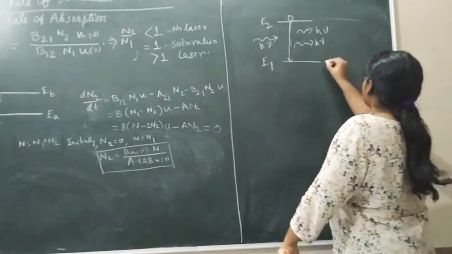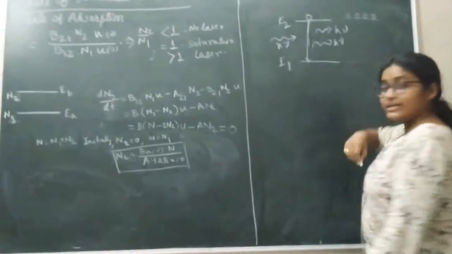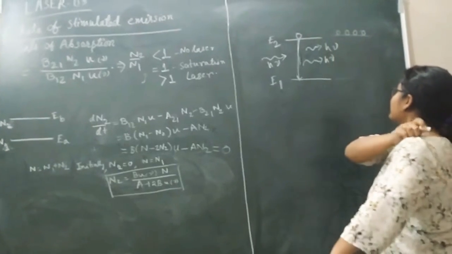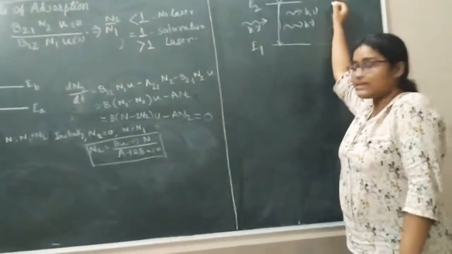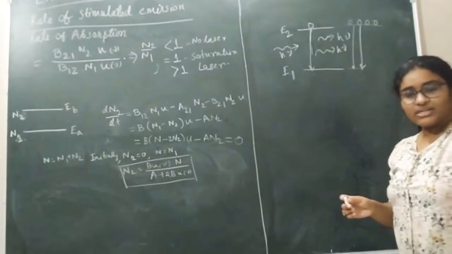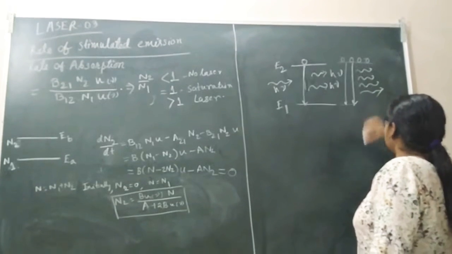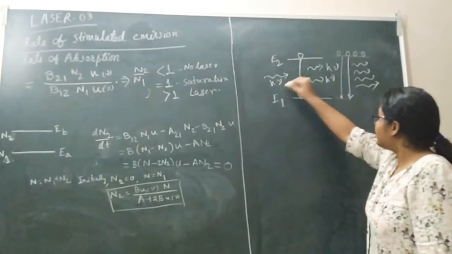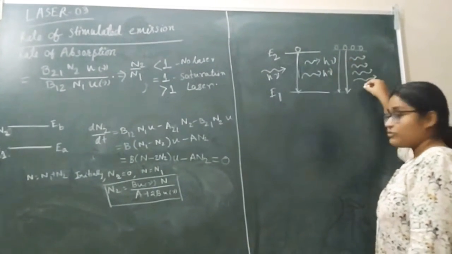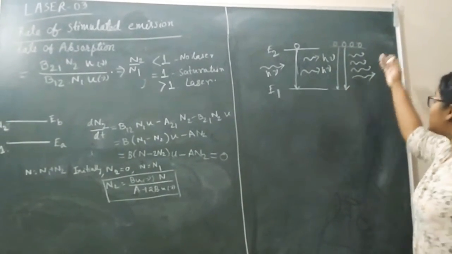Similarly, there are a number of levels, so there are also populations in the excited state. These 2 photons can further excite 2 more atoms, which come down to the ground state and also emit photons. From 1 we get 2, from 2 we get 4, and these 4 photons will excite further.